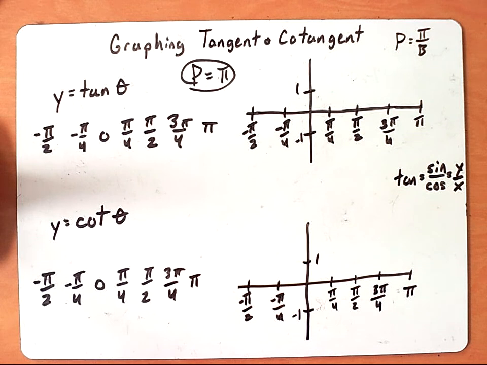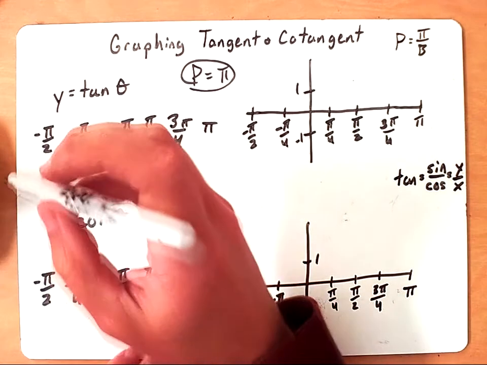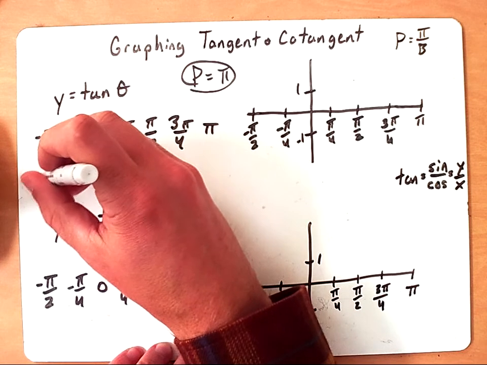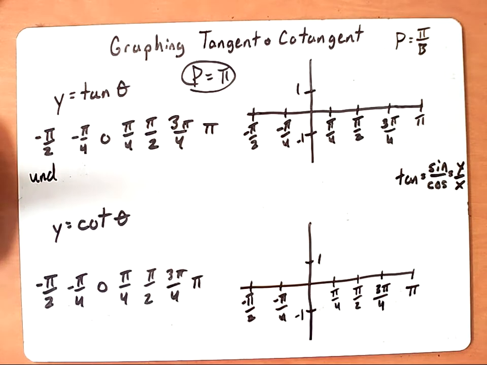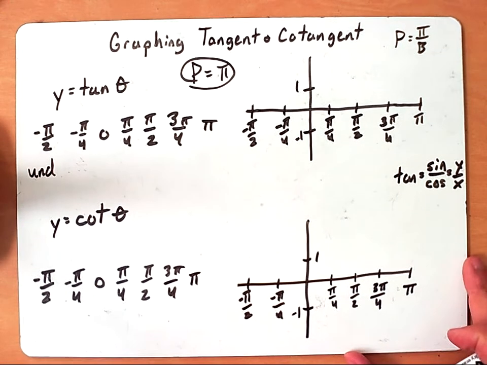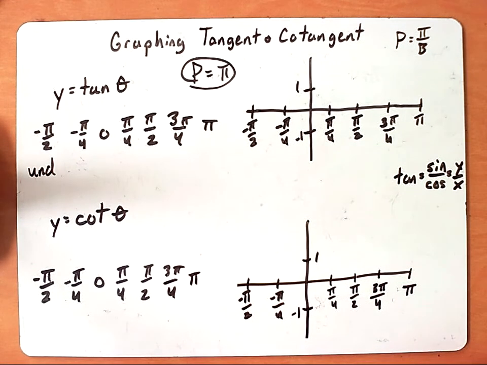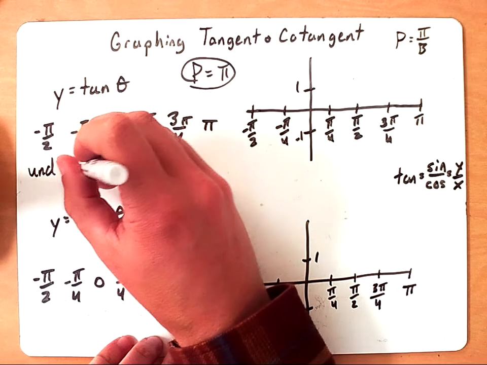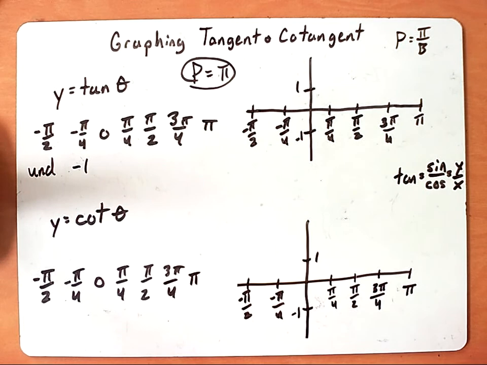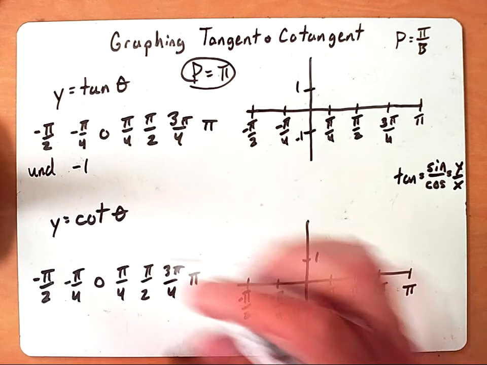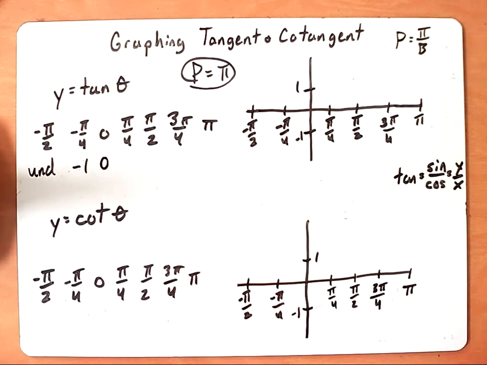So at negative pi over 2, we would have that our tangent is undefined. We'd get 1 over 0 there. At negative pi over 4, which would be like negative 45 degrees, we would have that our tangent was negative 1. At 0, we would have that our tangent is 0.